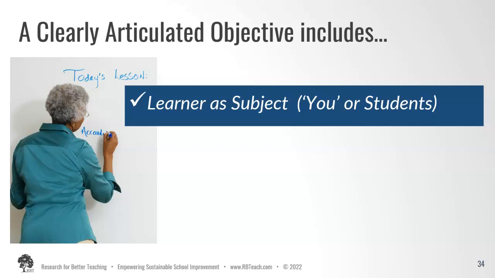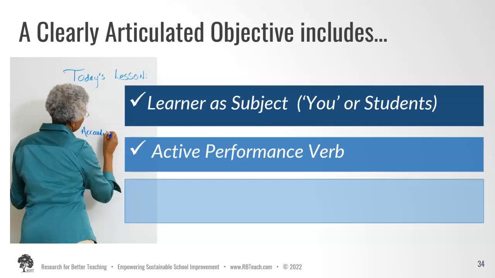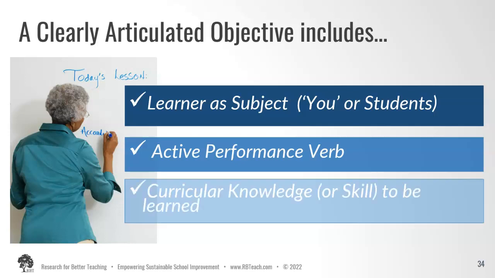Oftentimes at the lower levels, you see the I can statements. In pre-K through second grade, you might see I can statements. It has an active performance verb, and it's around a content focus, curricular knowledge or skill to be learned. So that's what a clearly articulated objective includes: learner or subject, active performance verb, focus on curricular knowledge or skill.